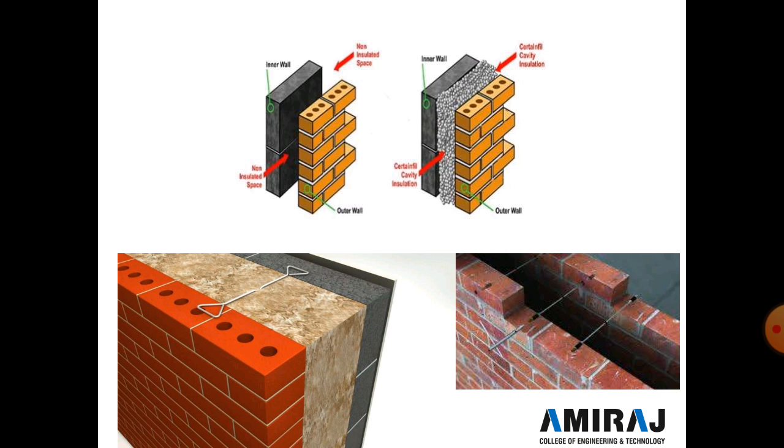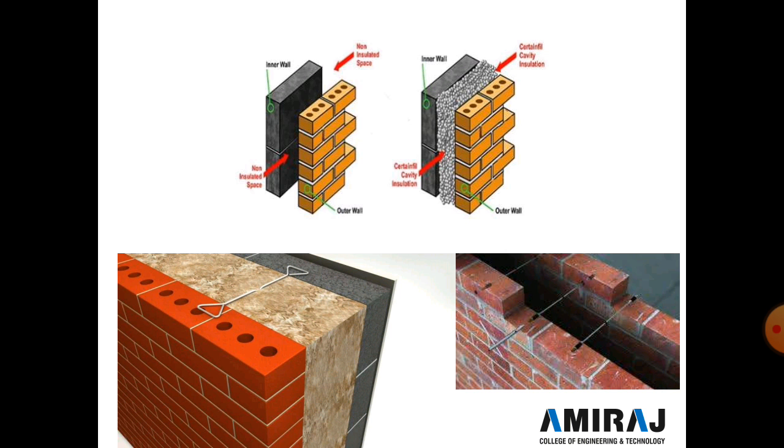See this figure. Here the outer wall is prepared with brickwork, and between the inner wall and outer wall a gap is provided. See this gap, shown by the red color arrow. Here a non-insulated space is given between the inner wall and outer wall.